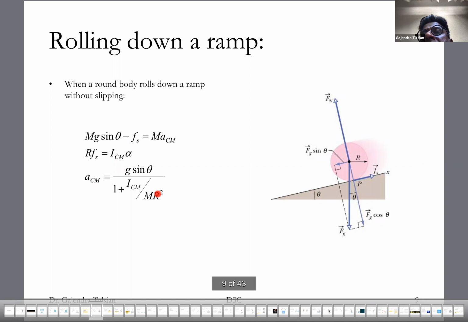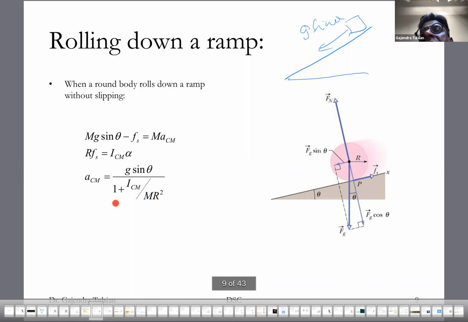Now this expression is interesting. If an object was just sliding down without friction, its acceleration would be g sine theta. Here it is less by this factor: g sine theta divided by this factor.